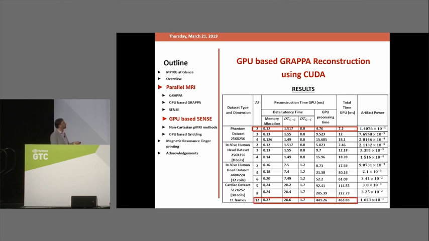But if the acceleration factor is higher, which means more k-space lines have been skipped, then obviously more computations are required, and that increases the GPU time significantly. How much time it takes depends upon the acceleration factor and also upon how many receiver coils there are, which ultimately define the encoding matrix that needs to be inverted.